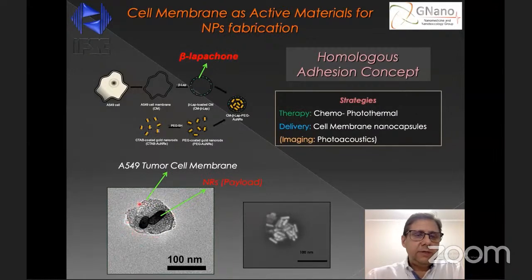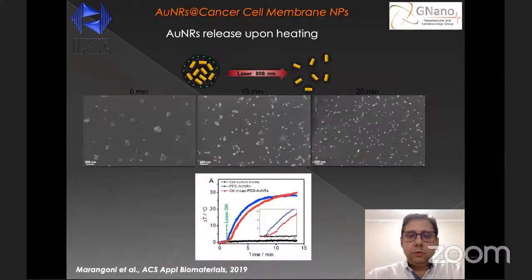We can observe in this TEM image a nanocapsule produced with the A549 tumor cell membrane, and inside it we can observe the presence of two nanorods. Obviously, the system is optimized to produce nanocapsules in which many more nanorods can be incorporated. These nanocapsules can be used to deliver the nanorods to the tumor sites.